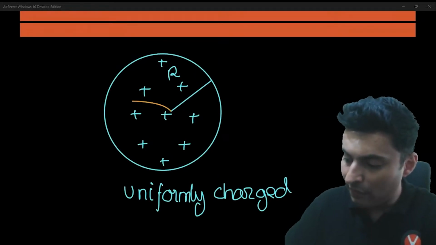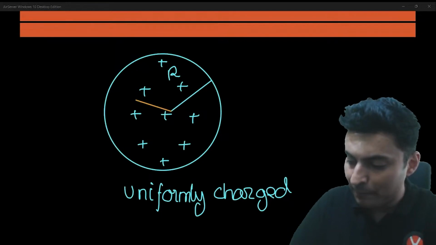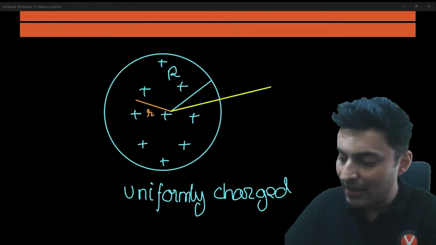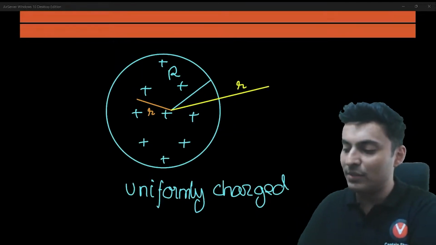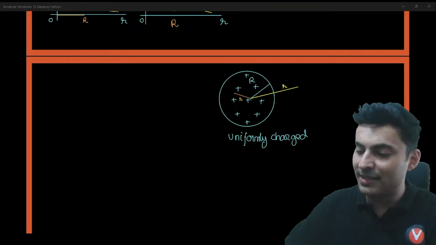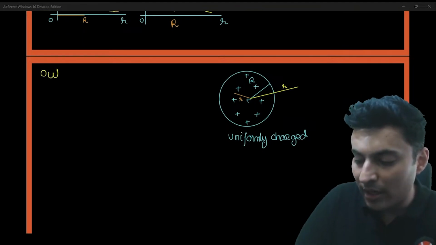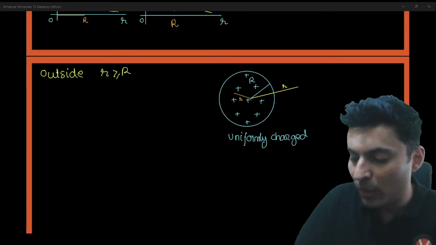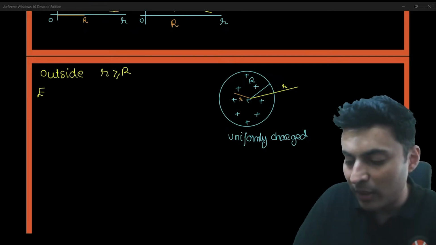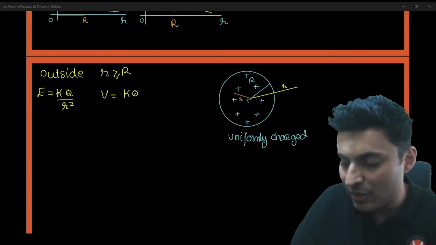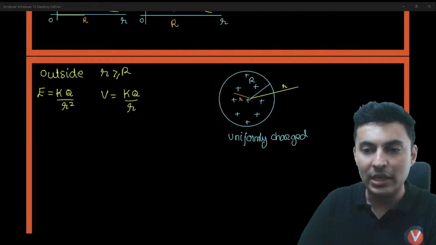One is again when you are inside, and the second one is when you are outside. The problem happens only for inside. Outside is still simple. If you talk about outside, that means r is more than or equal to R, then the field formula is still KQ divided by r square, and the potential formula is KQ divided by r.